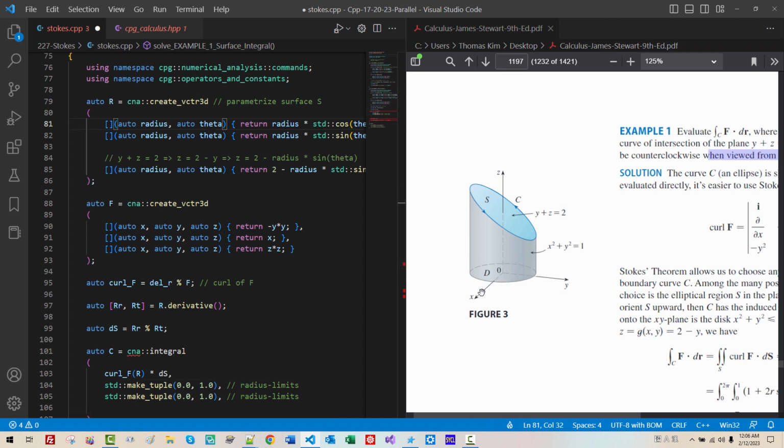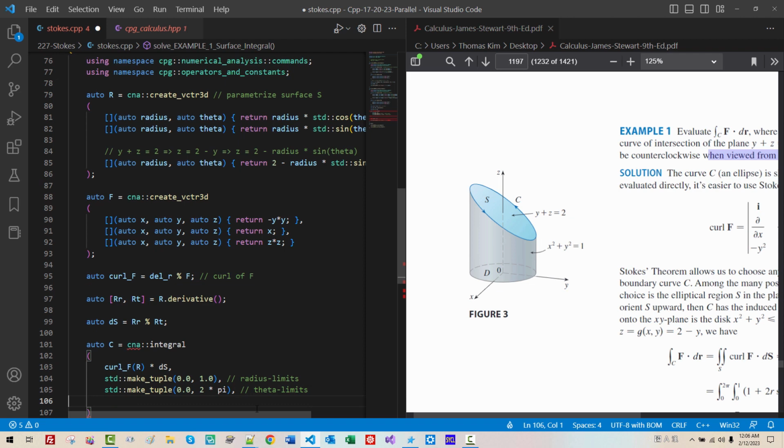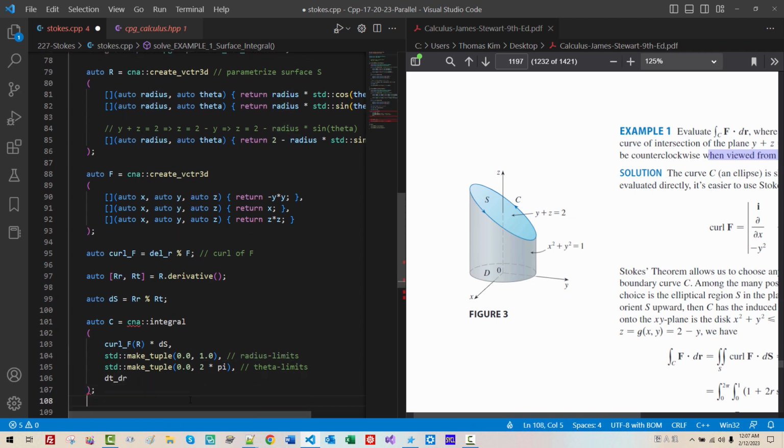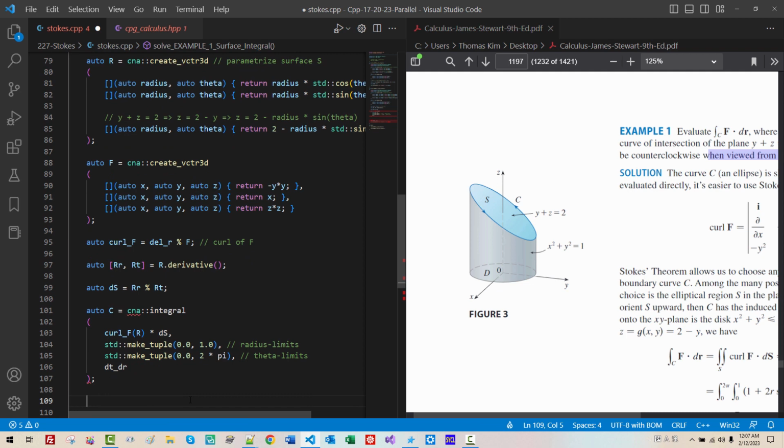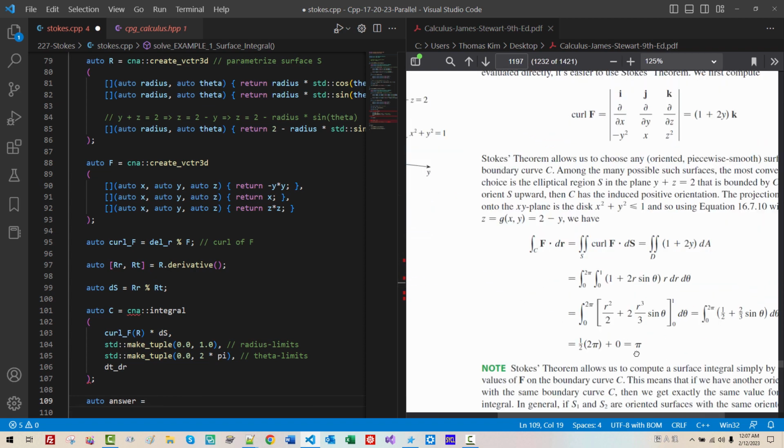Theta runs from x-axis to 2 pi to make full circle. So it should be 2 times pi. This is theta limits. Now we have to specify the meanings of these limits. Theta comes last, so dt, then radius, dr. This is our integration. Once again, the answer in this book is 5.